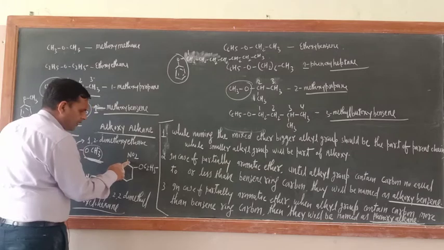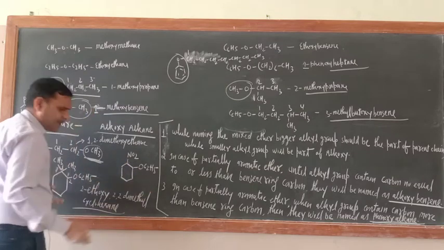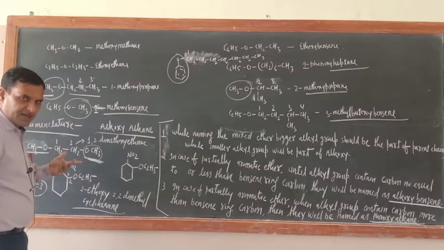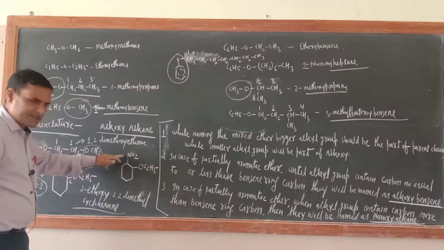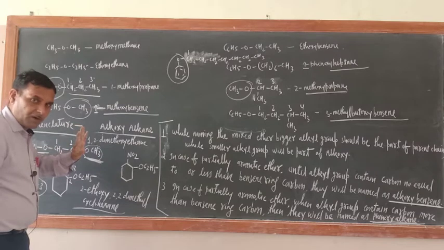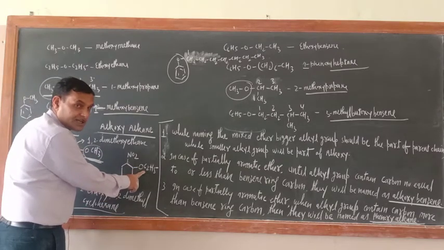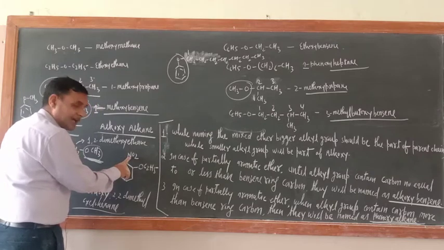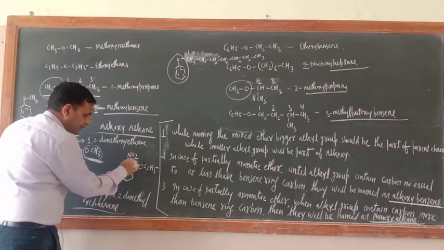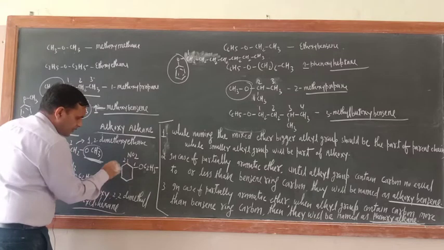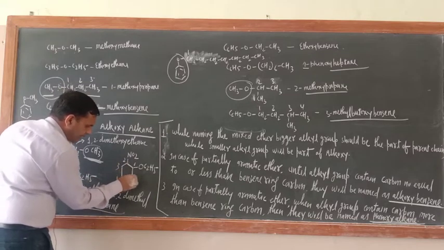What about here? Either you start from here or here, that doesn't make any difference because only one substituent is there. But while naming, alphabetical order should be followed. So just see, alphabetically who is coming first? Ethoxy, E. This is N. So numbering must start from here: 1, 2, 3, 4, 5, 6.